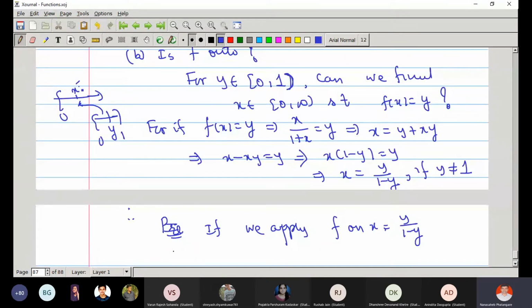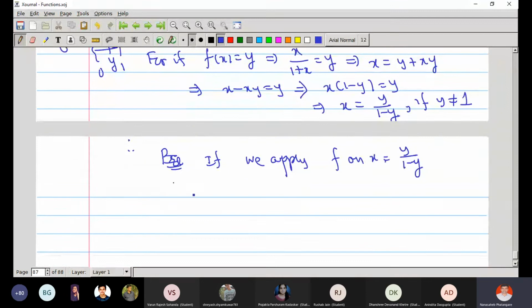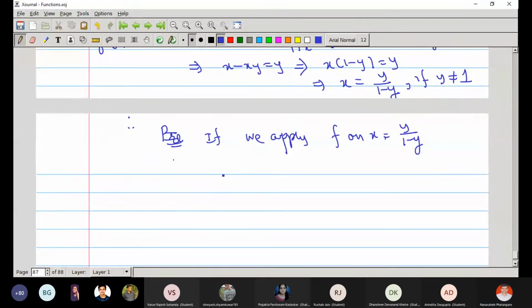That means if we apply f on x, what should we get, what do we expect? How to verify that the x which we have obtained is the right candidate?